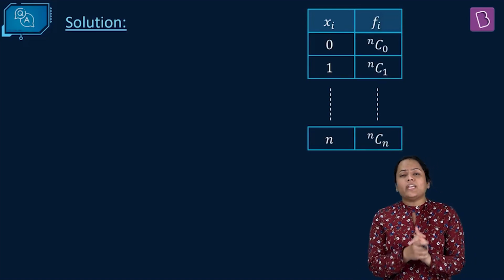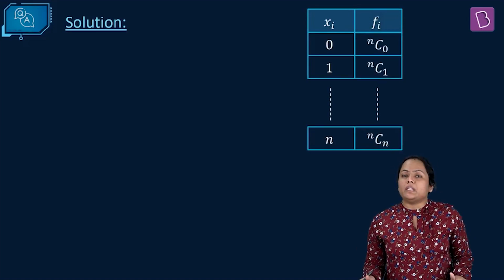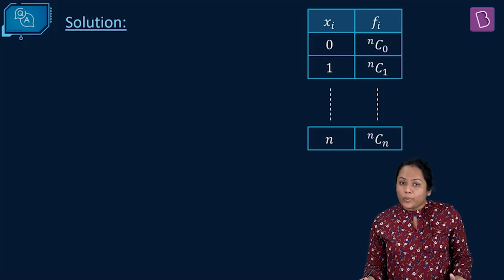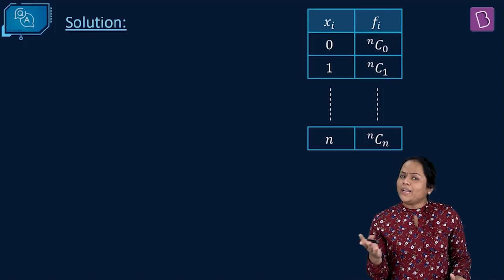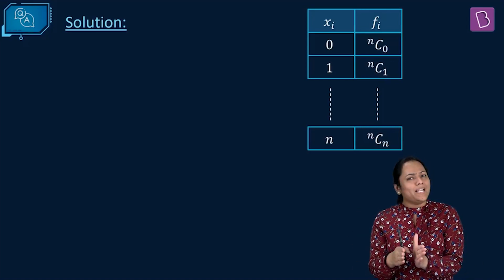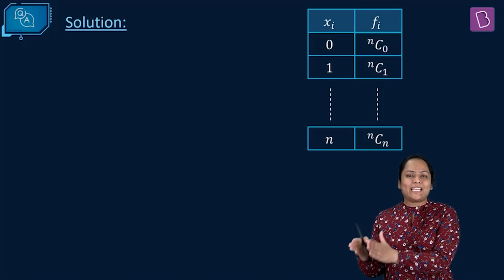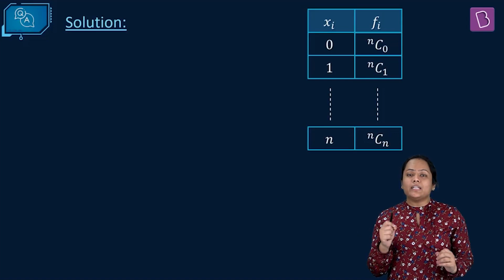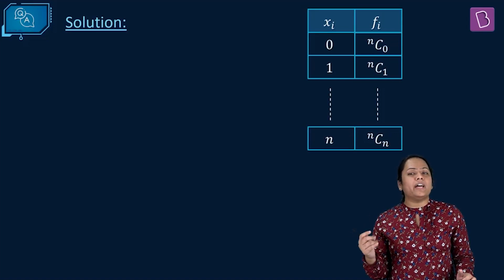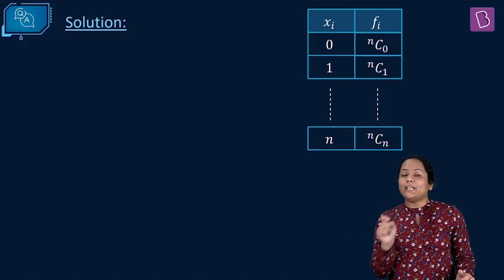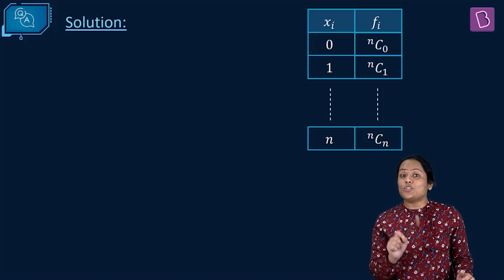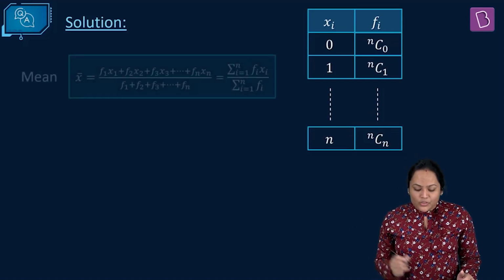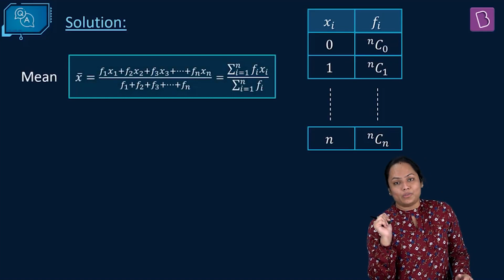Okay, so now can you recall what was the formula for mean? If frequency and our variable xi is with us, well, it was x1 f1 plus x2 f2 plus x3 f3 till the last term. That further can be written as summation of fi xi divided by, in denominator we had summation of fi, right? So this is the formula we are going to use.